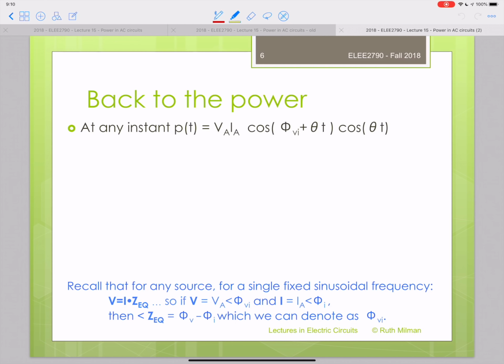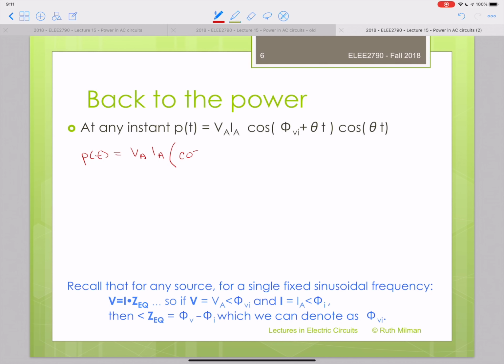So let's go back to the power. Our power is equal to our instantaneous voltage times our instantaneous current. And what we can do is we can take this and do a little bit of manipulation with trigonometry. So the power is equal to the amplitude of voltage times the amplitude of current. And then what we're going to do is we're going to take our double angle formula and expand out.